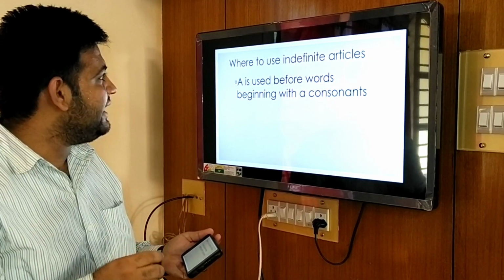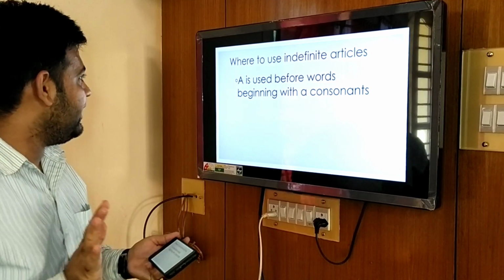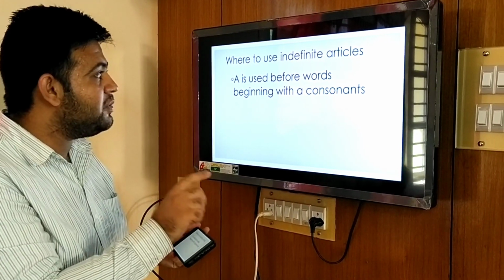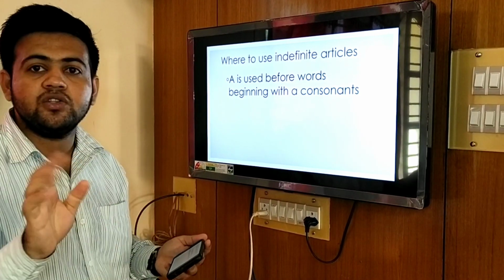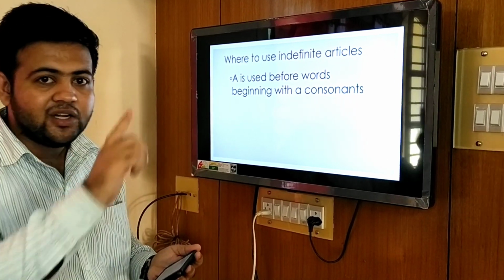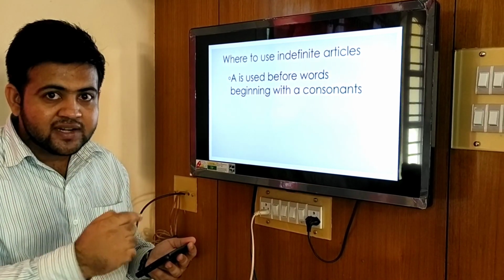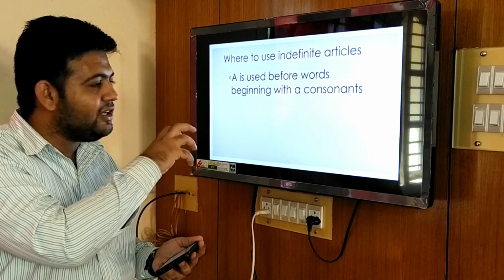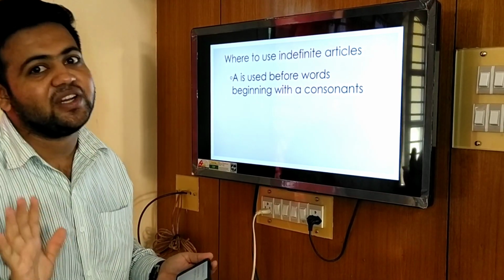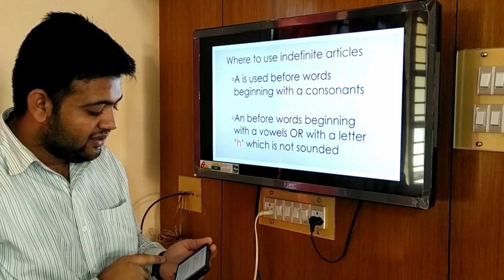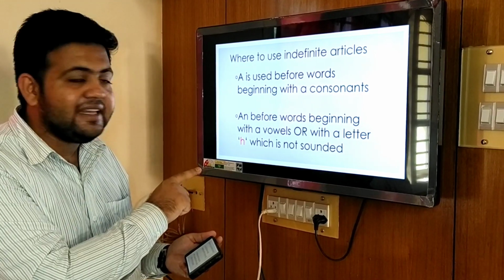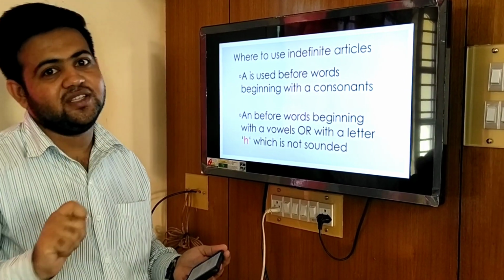So where to use the indefinite article A? We will use A before words beginning with consonants. Clear? 5 vowels, 21 consonants. So the article A we will use with consonants only, and we will use the article AN with the vowels.